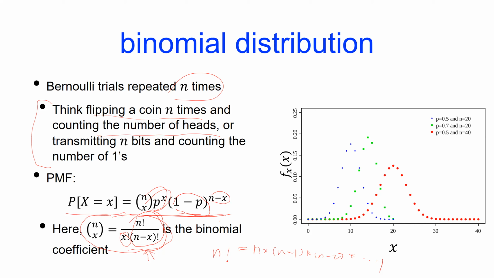Yes. This only works when there are two outcomes, right? Yes, yes. Of course, if you have more, that is called multinomial. We will probably see that in the later part of this class.